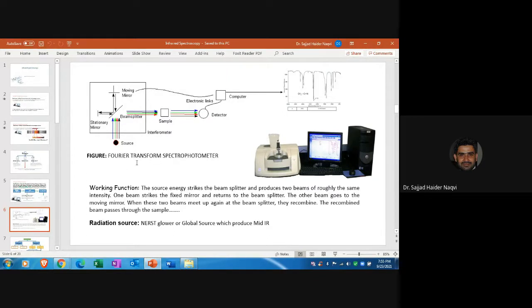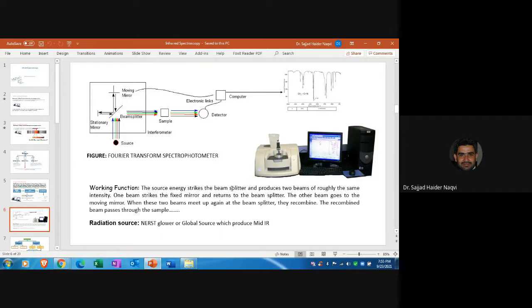This figure is of the Fourier transform spectrophotometer, and what actually is happening in this, we have a source energy. Definitely, whenever we are using either UV spectroscopy, visible spectroscopy, or IR spectroscopy, there should be a source of light. And so in this case, we have a source light or a source energy, which is first going to strike a beam splitter.